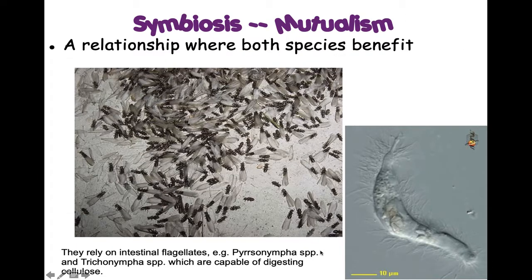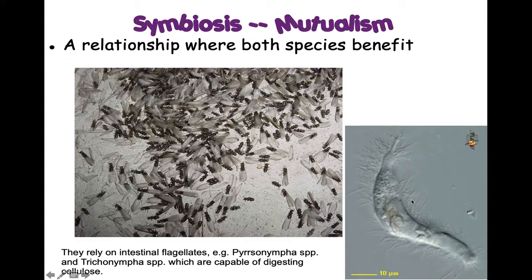Here's another example. Do you guys know what these insects are? Yeah, you might see them during the summertime in Hawaii. They're termites. And termites are really notorious for eating wood. So how do they do that? How come they can eat wood and other animals can't eat it? Well, the termites have a helper that lives inside of its intestine.